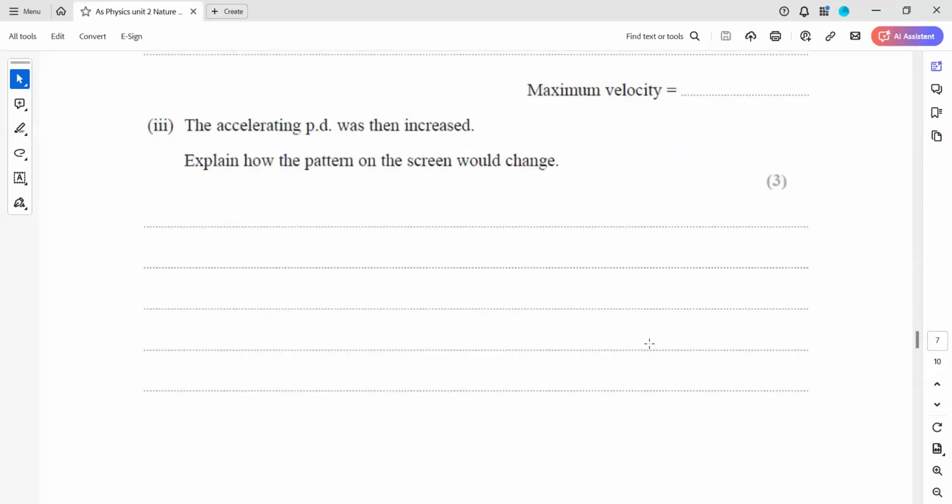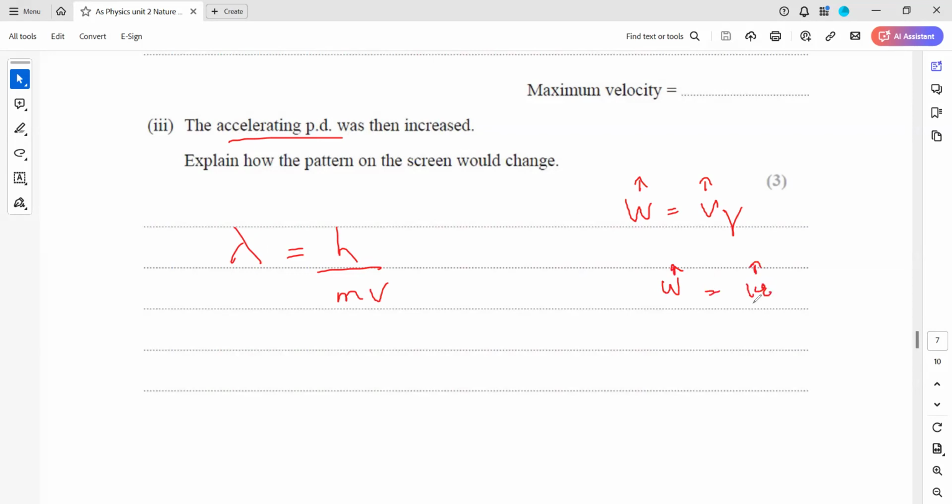The accelerating potential was then increased. How would the pattern on the screen change? Look, we have the formula lambda equals h over mv. If we increase the accelerating potential, because voltage is work done per unit charge, work done is voltage into charge, so the work done will increase. If the work done increases, what happens to kinetic energy?